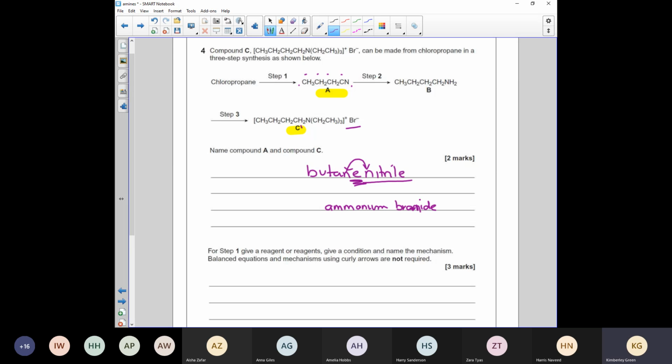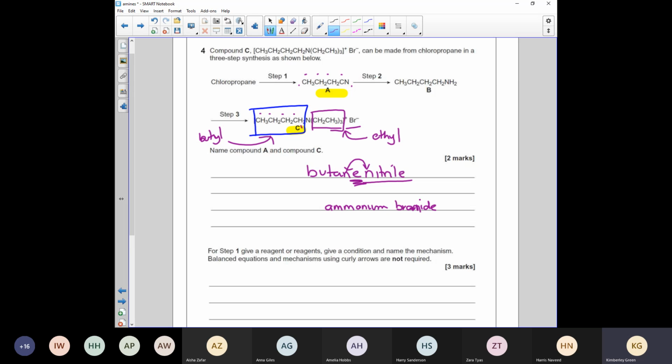So what about the rest of it? What do we have on that ammonium bromide? Well, we've got 3 of one group and 1 of another. This group is an ethyl group, and this group has 1, 2, 3, 4 carbons, so it's a butyl group.